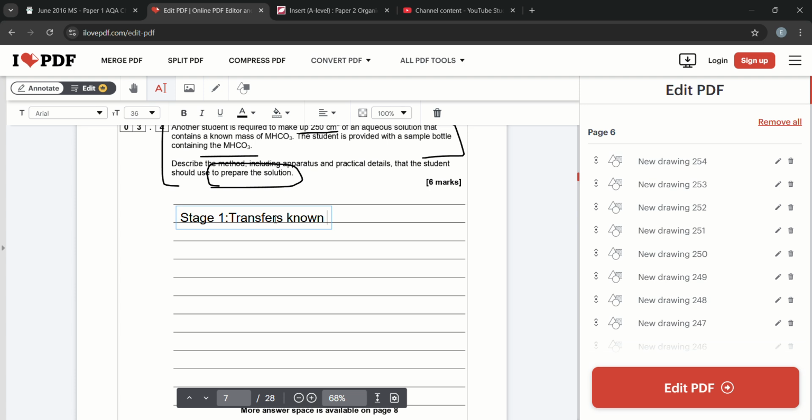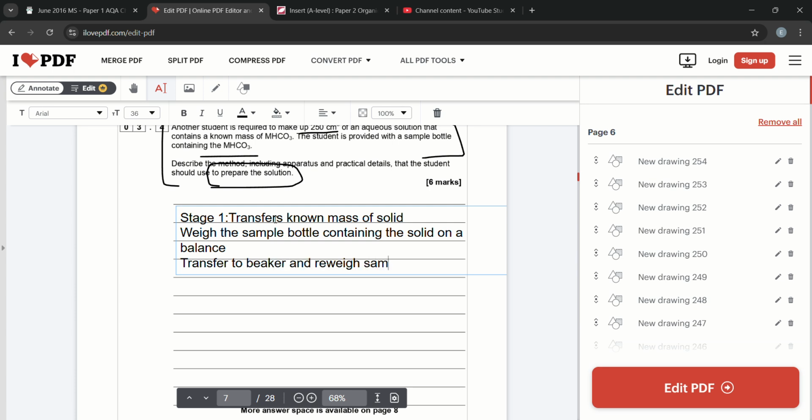So, stage 1, transfer known mass of solid. We want to weigh the sample bottle containing the solid on a what? On a balance. Transfer to beaker and re-weigh the sample bottle. Record the difference in mass.